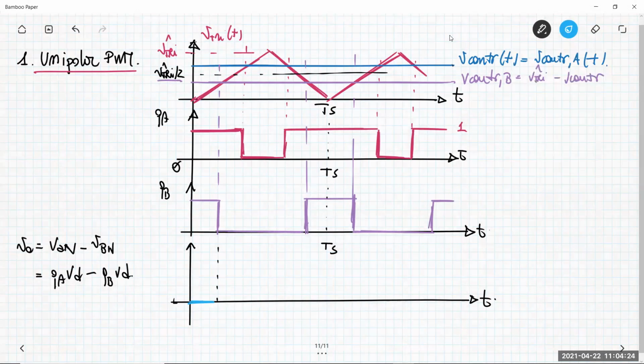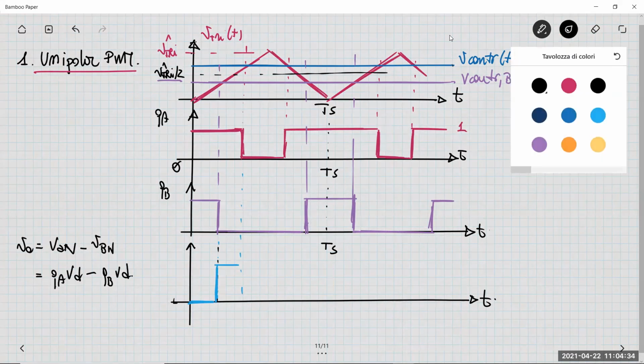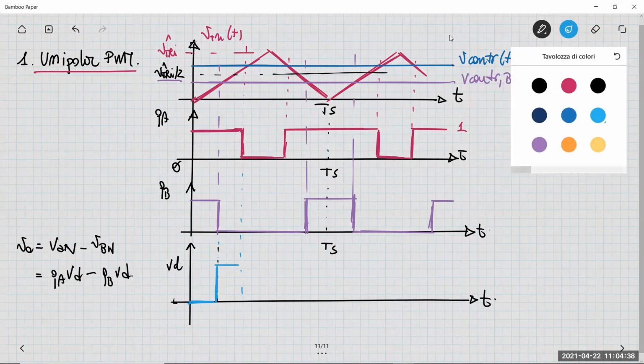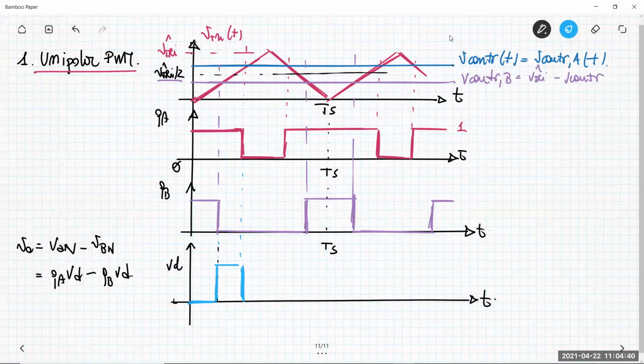And so that means that you have here 0, because you have the same level in this interval. Then you have something which is higher as VD. Then you can get both 0, so the difference is 0.